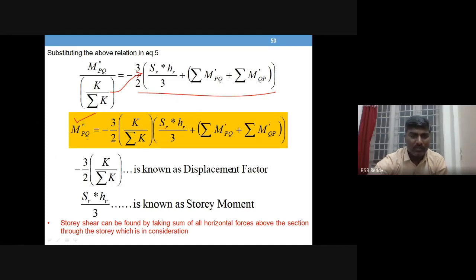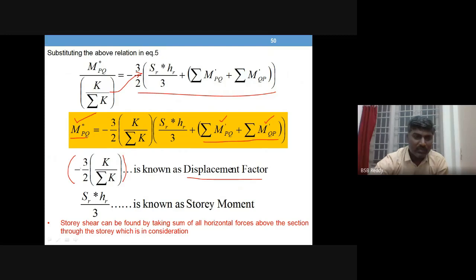This is what m star pq, that means sway contribution, sway moment, plus R H R by 3, story moment we call it as, and sigma m dash pq plus sigma m dash qp. What is this one? Top rotation contribution, bottom rotation contribution of all the columns in that particular story. And here, whatever we got the term minus 3 by 2 k by sigma k in this derivation process is called as displacement factor.